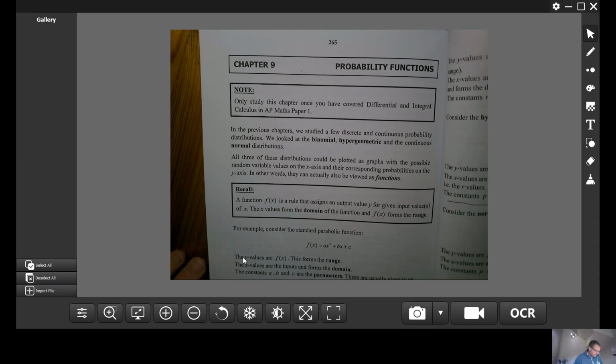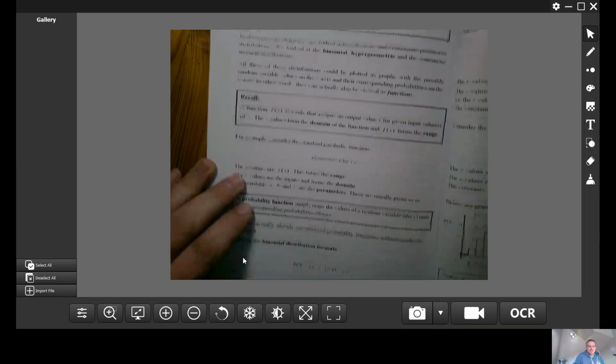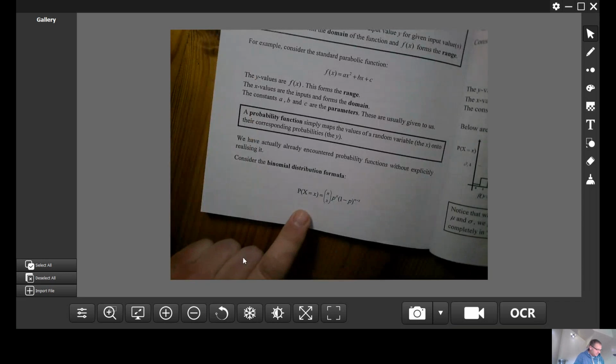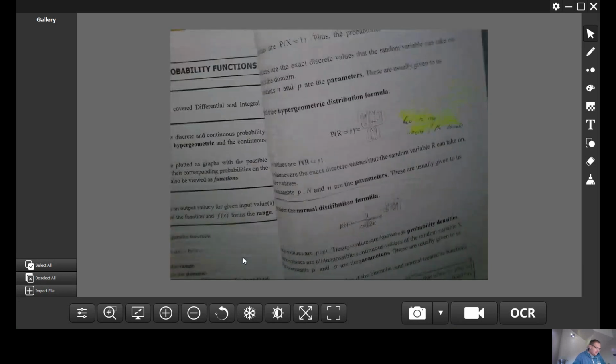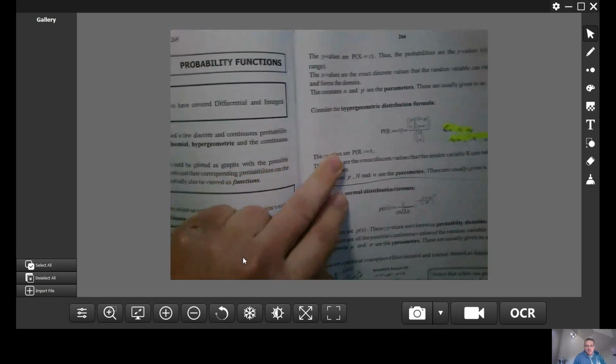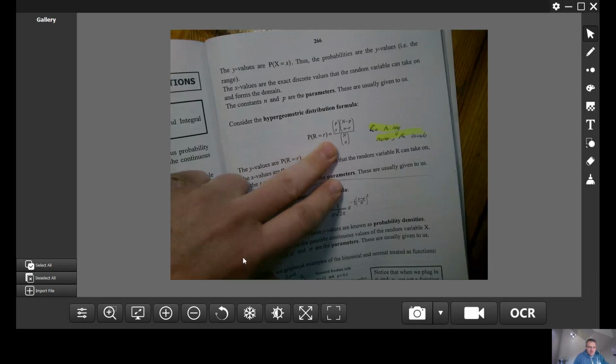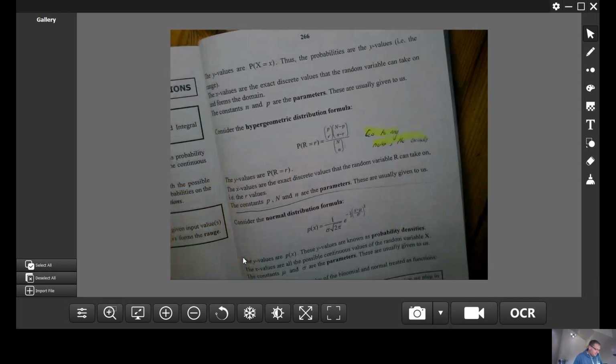For those of you who have done it, you'll see that it's not such a bad section. Basically, it just says a probability can be expressed as a function. And you've done this before, in various different ways. You've looked at binomials, where we did a probability mass function for binomial distributions. You had those in your tests a couple of times, and we've had a look at hypergeometric as well.